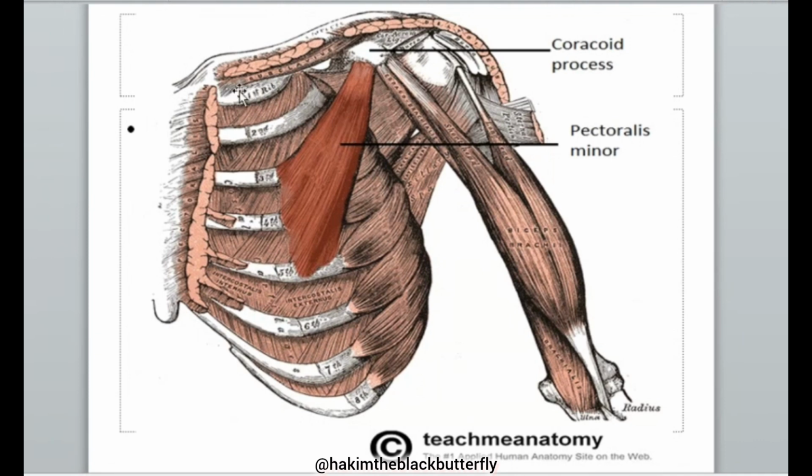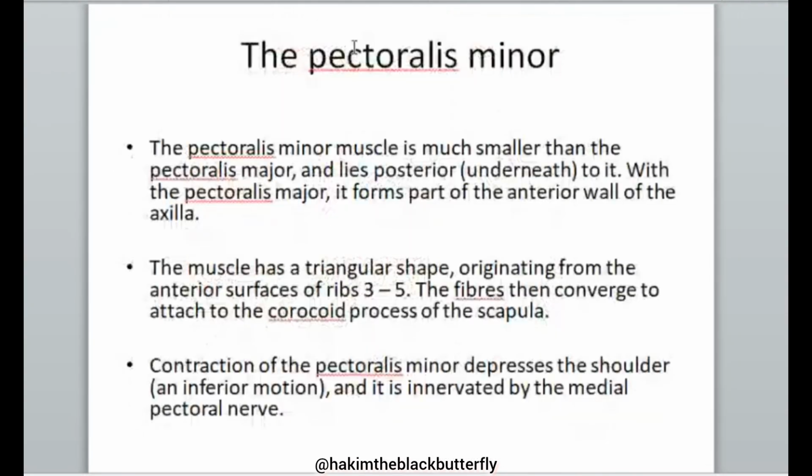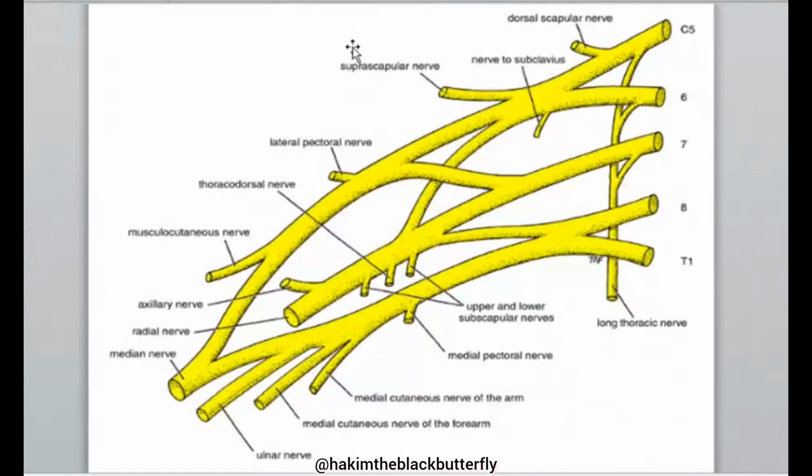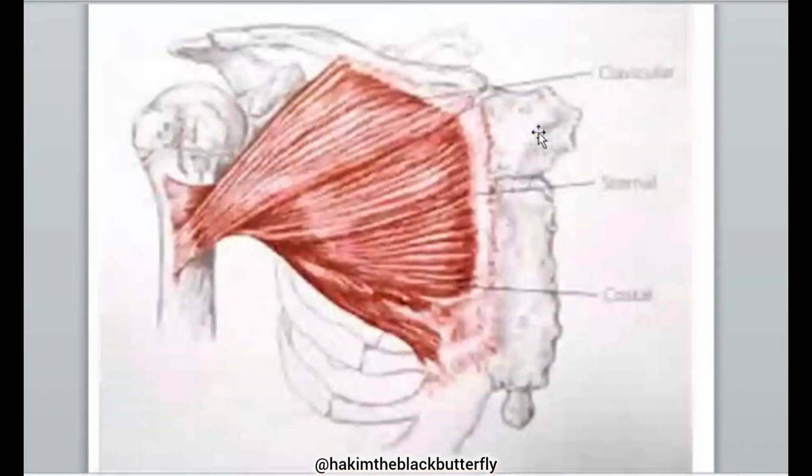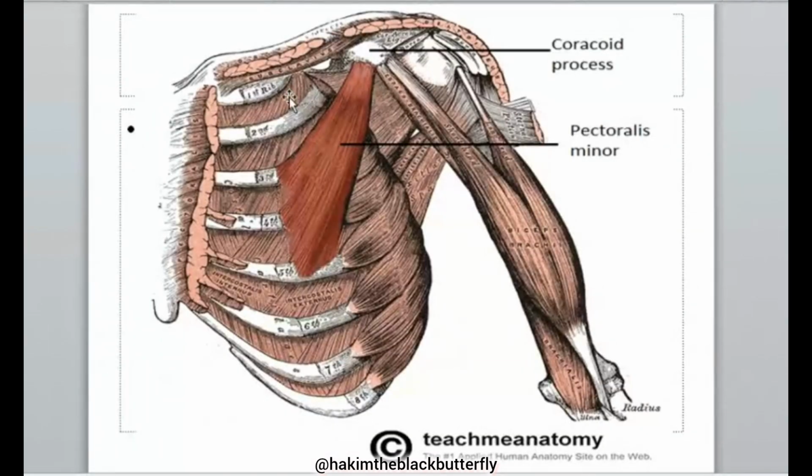And this muscle is known as subclavius. Origin, insertion. Remember the nerve to subclavius, we talked about that nerve from the superior trunk. This is the nerve to subclavius. It's the nerve which supplies this muscle known as subclavius. It's also a muscle of the pectoral region.